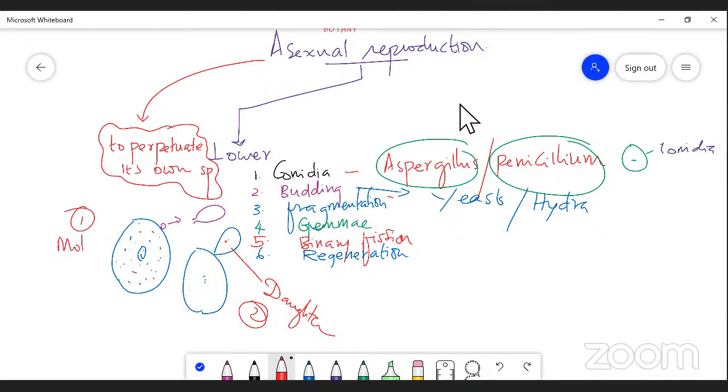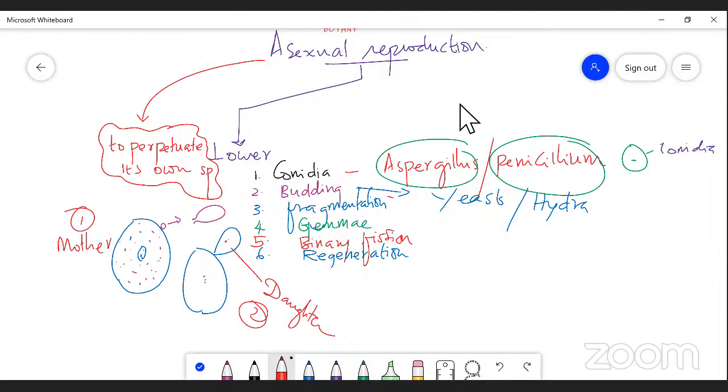From the mother cell, a bud-like structure arises from the surface of the yeast and develops gradually and attains maturity. After attaining maturity, the bud-like structure detaches from the yeast cell and develops into a new organism by the process that is called budding.